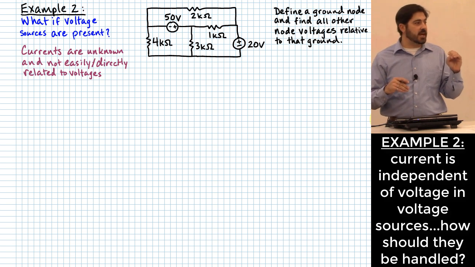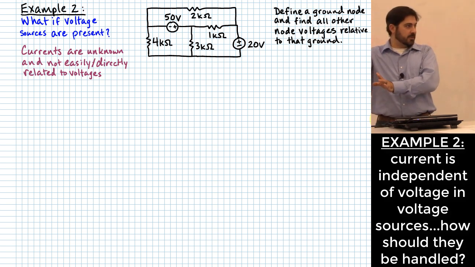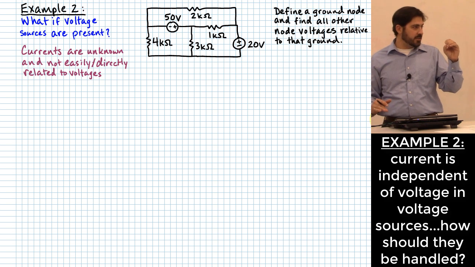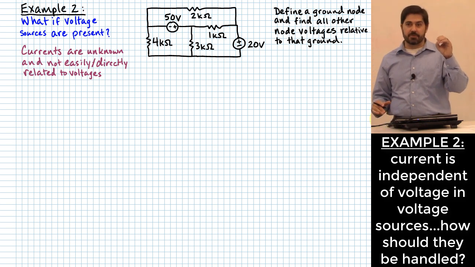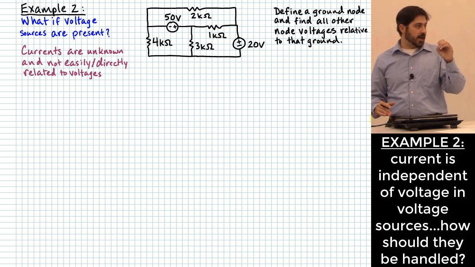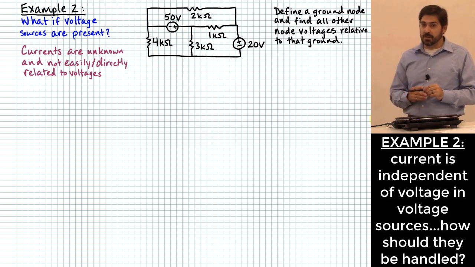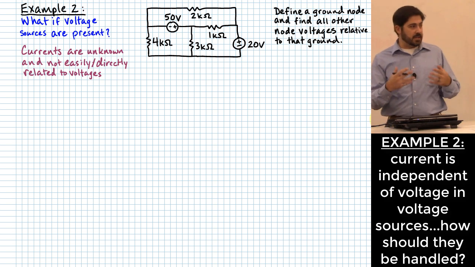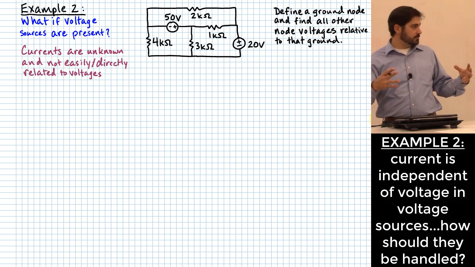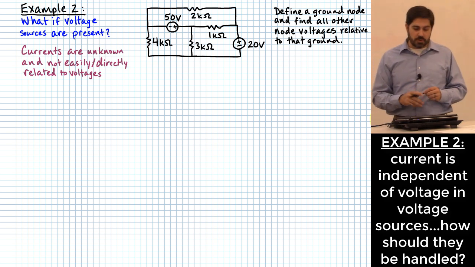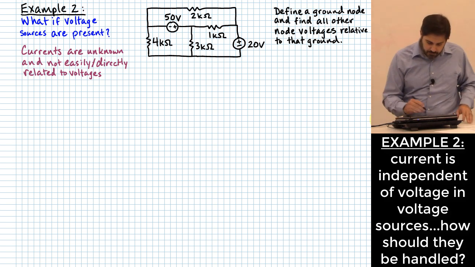That number is set by the rest of the circuit, not locally by the behavior of the voltage source. So the current through a voltage source is essentially unknown until you analyze the whole circuit.